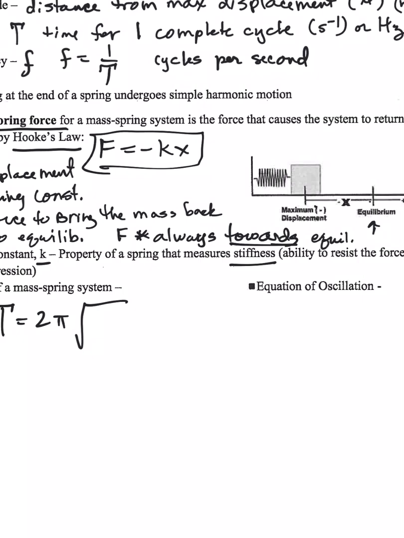What does make a difference in a spring system? The spring constant and the mass. So instead of L over G, it's M over K. The spring constant acts like gravity, and the mass acts like the length of the string in the pendulum. That's that relationship between them, okay?